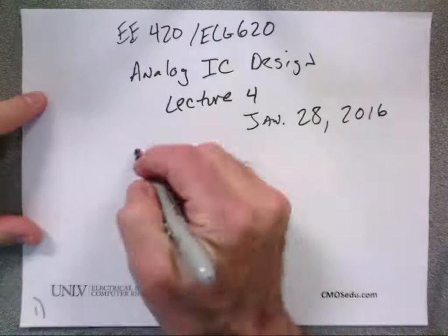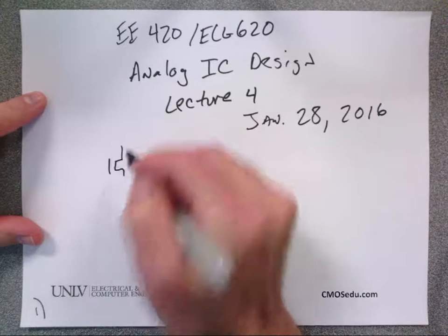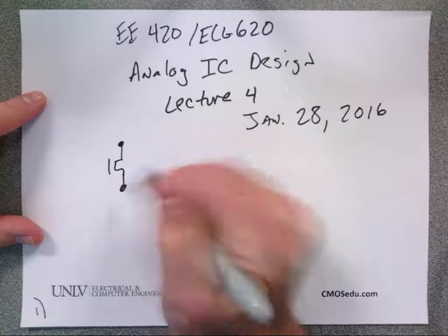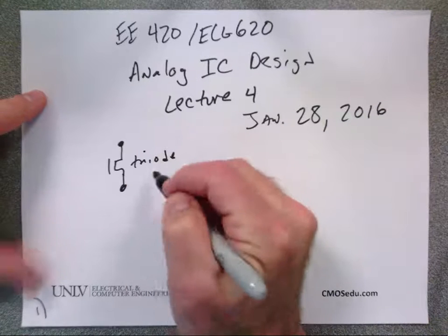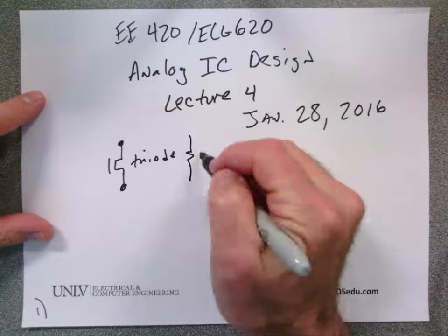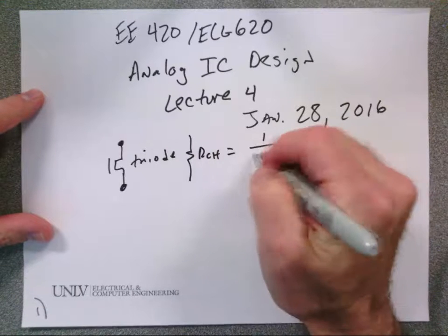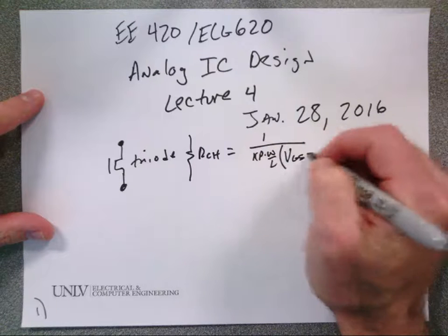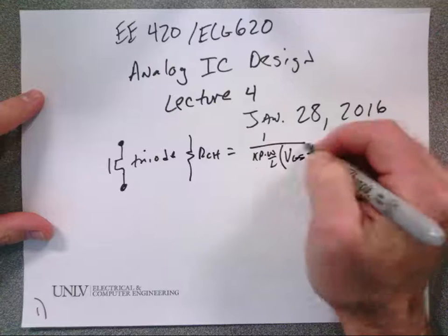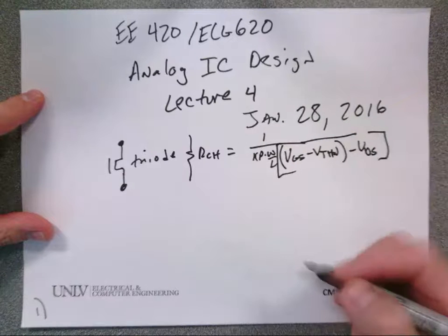No, because remember, our channel would be like this, right? When it's in triode, and then it's this. And if we want, we can put the VDS on there like that, right?